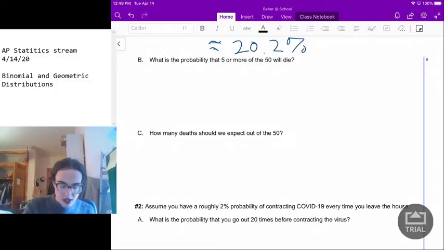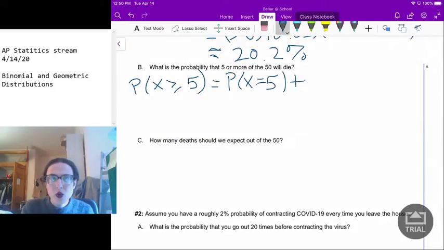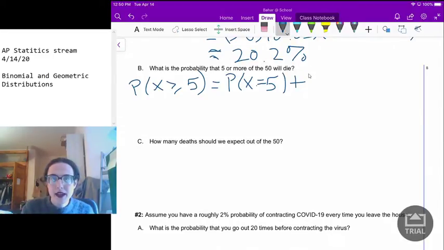Well, this is going to be, well, 5 people could die, or, and remember, when we do or with probability, we are looking at addition.